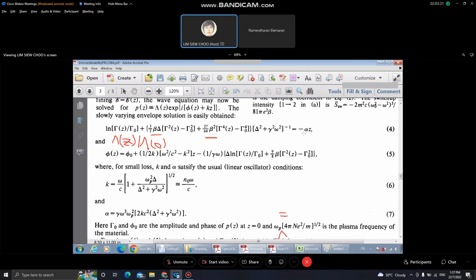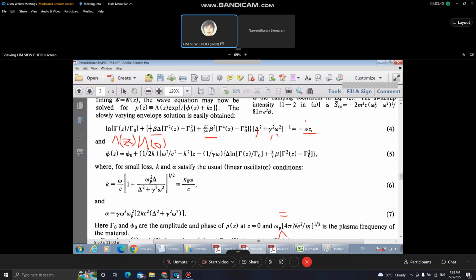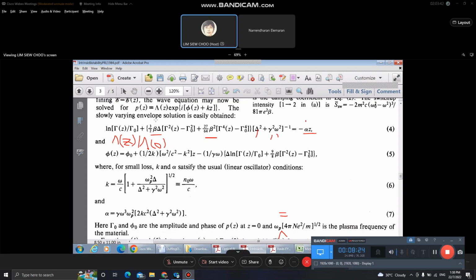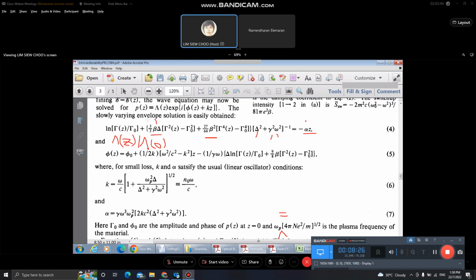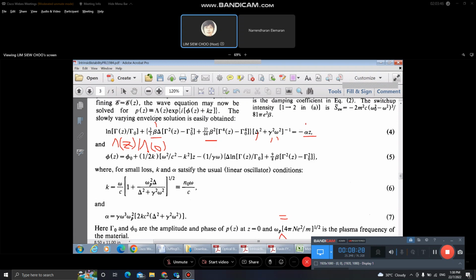Even though the z here, you put a constant value, alpha is also constant, beta also constant, all these are constant, except this z, when z equals 0, this 0 will determine the amplitude.